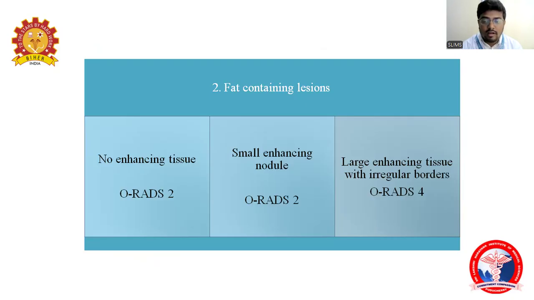And in case of large enhancing tissue with irregular borders, then O-RADS score of 4 will be given, which will be usually a case of immature teratoma or teratoma with malignant degeneration.